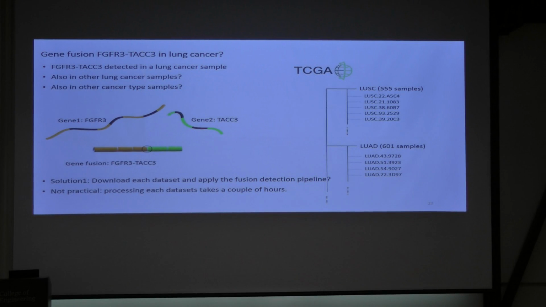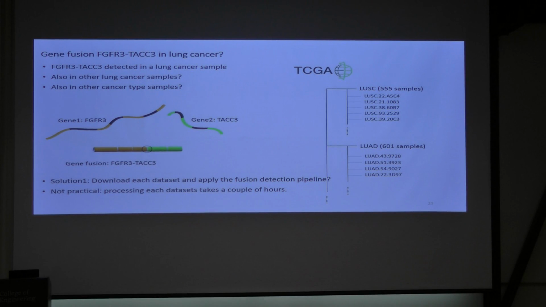For example, if we find a gene fusion called FGFR3 to TACC3, two genes in human, the two genes are fused together in some lung cancer samples. When we detect this kind of gene fusion, we may ask whether it is also present in other lung cancer samples or in other cancer type samples.